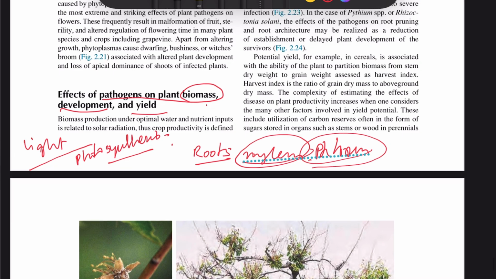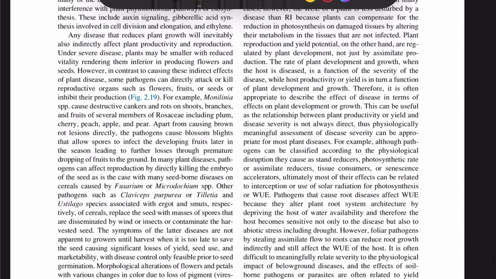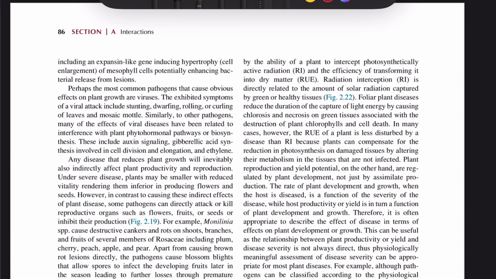With an example, we can say, let's see eyespot disease in wheat. Anybody heard of it? Eyespot disease? This is not a very common disease of wheat. Normally in wheat we have so many major diseases.